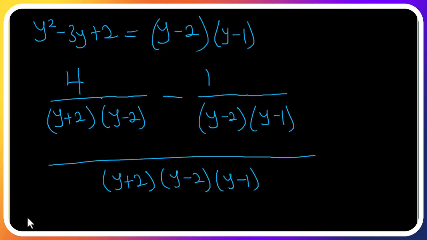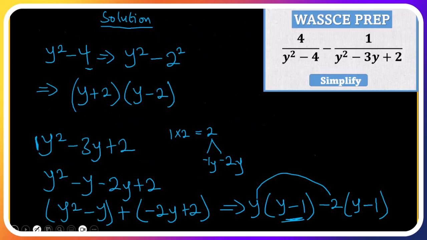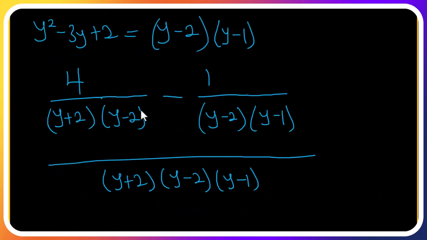Now the mistake that learners make is that, when the question is given out, they consider the denominators of these two separate fractions as the LCM, and in doing that would lead you wayward. So please, the simplest way is to find the factors of the quadratic expression as we've done over here, and use the factors in finding the LCM.